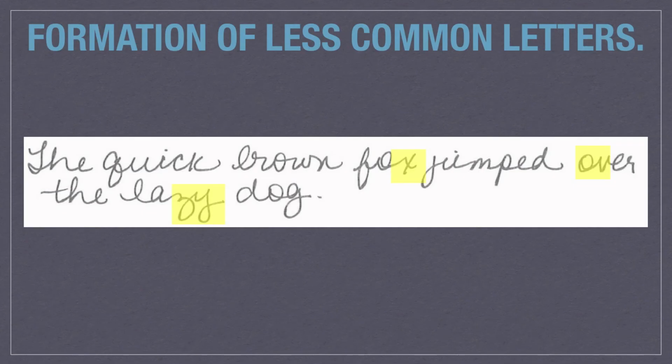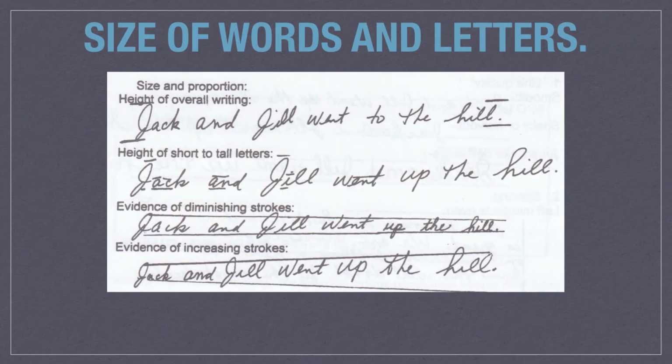The formation of less common letters, such as X, V, Z, or Y. The size of the words. Are the words tall or short? Do they start tall and end short? Or do they get larger over time?